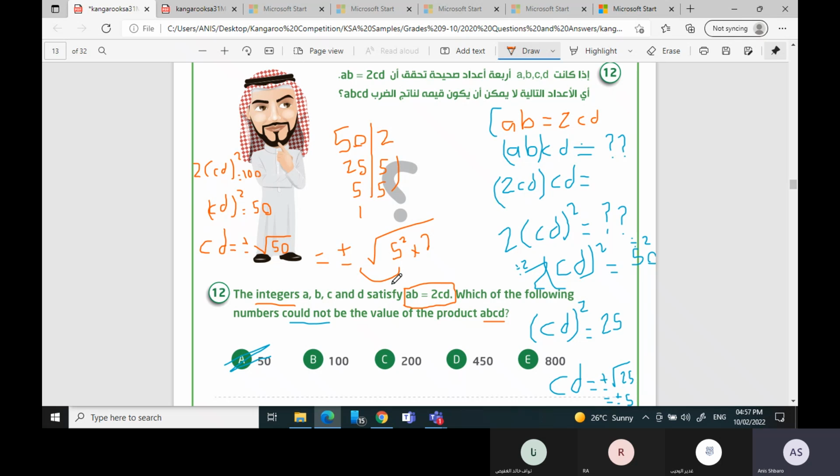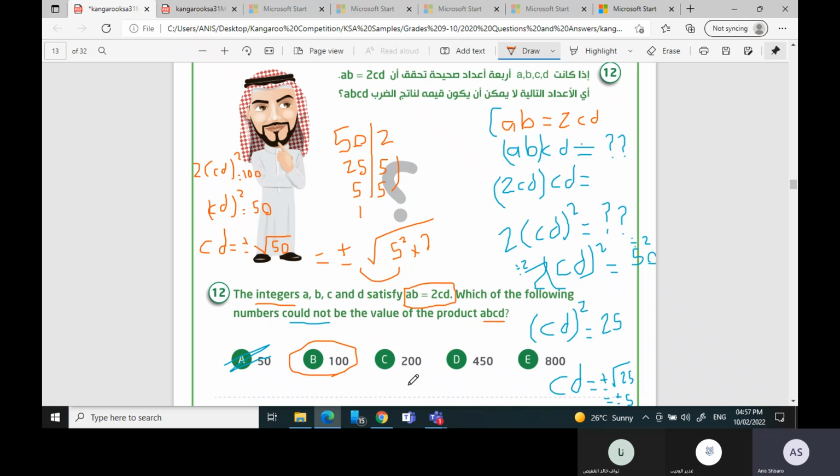But the problem is C is an integer and D is an integer. How come two integers multiplied by each other and the product is not an integer? So of course this one is impossible. And of course they asked me to find the number that could not be the value of the product. Okay, so this is my choice.